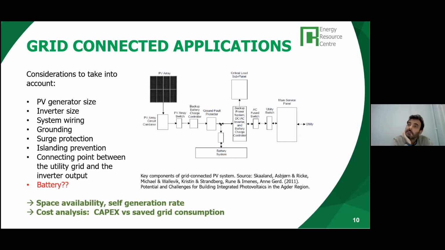In a condition where the grid supply is not good, we have frequent blackouts, frequent cuts of the service, or the cost of the electricity from the grid is very high, then we can think of having batteries even if the PV system is connected to the grid.